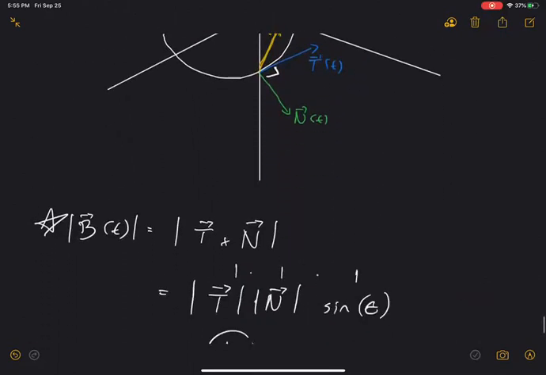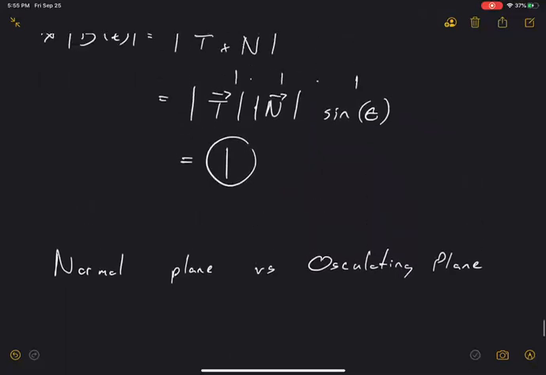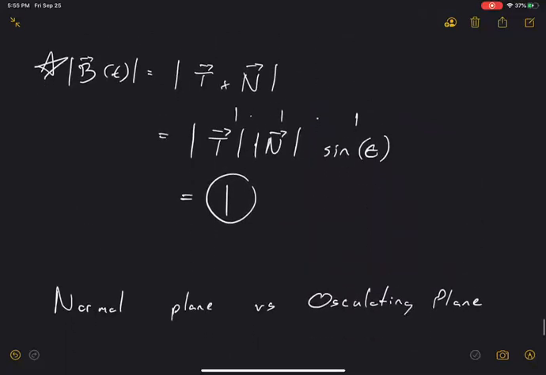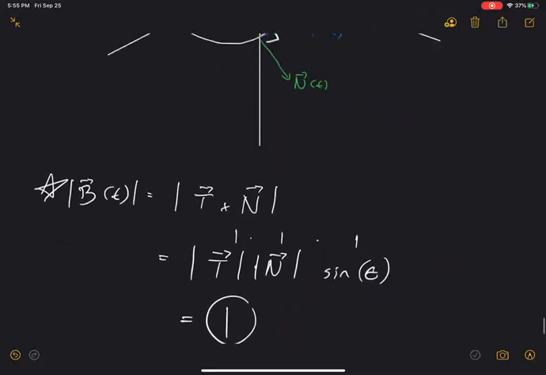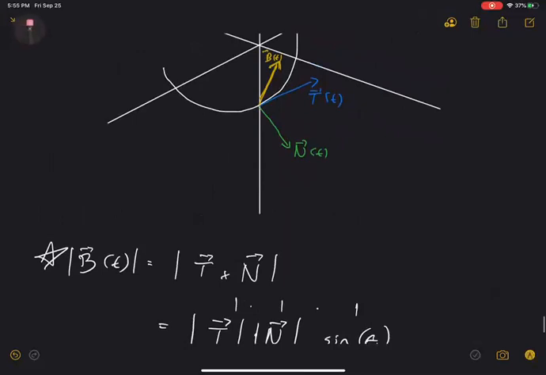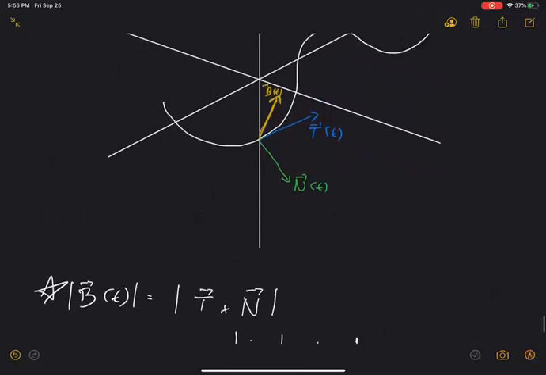Now, from these vectors, we can also get planes, right? We have some vectors, so we can always get some planes from them. So the normal plane. Let's say I'm at this point on my curve. I can draw this vector N, the unit normal vector.